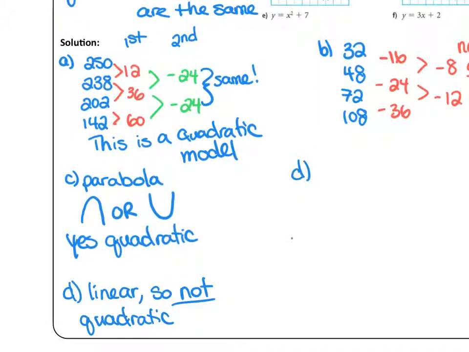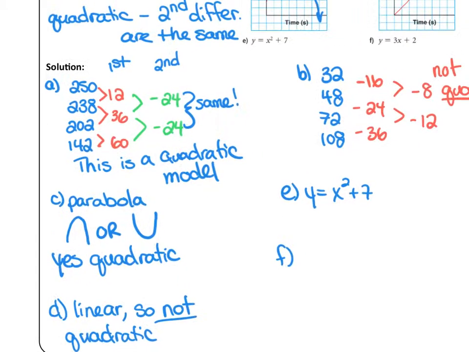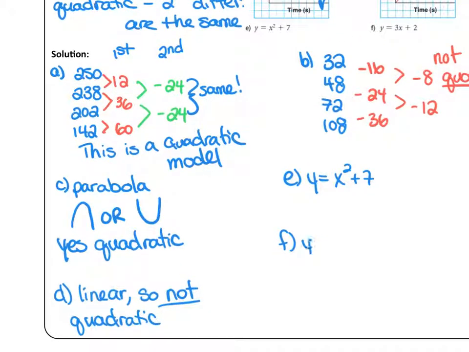Now the formulas are E and F. Guys, I'm doing this a little bit late at night. E is y equals x squared plus 7. And F was y equals 3x plus 2. Now notice in this one, it has a 2 there.